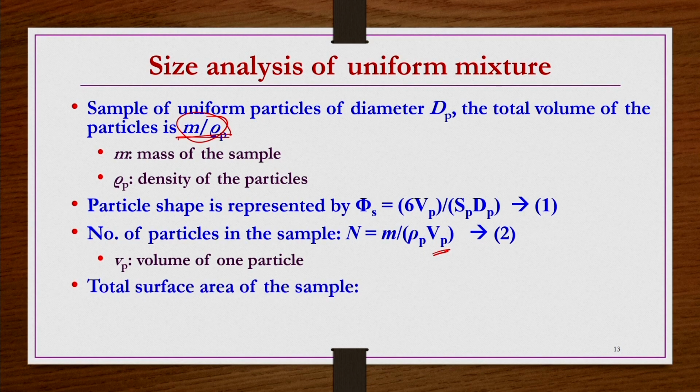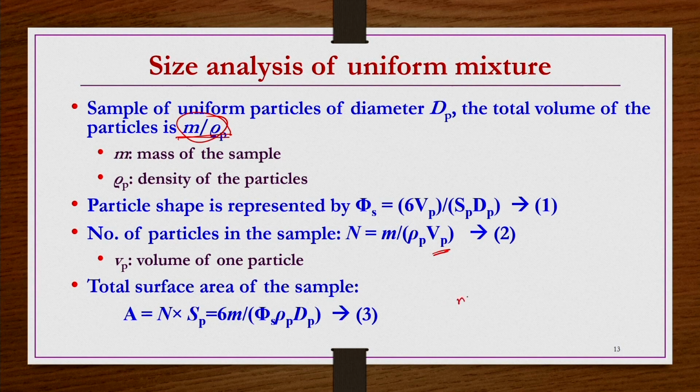Then how can you know the total surface area of the particles? Once you know the total number of particles, you can measure the surface area of one single particle, and then multiply it by the total number of particles that you already got. Then you will get the total surface area of the sample. So, that is A equals n into Sp.